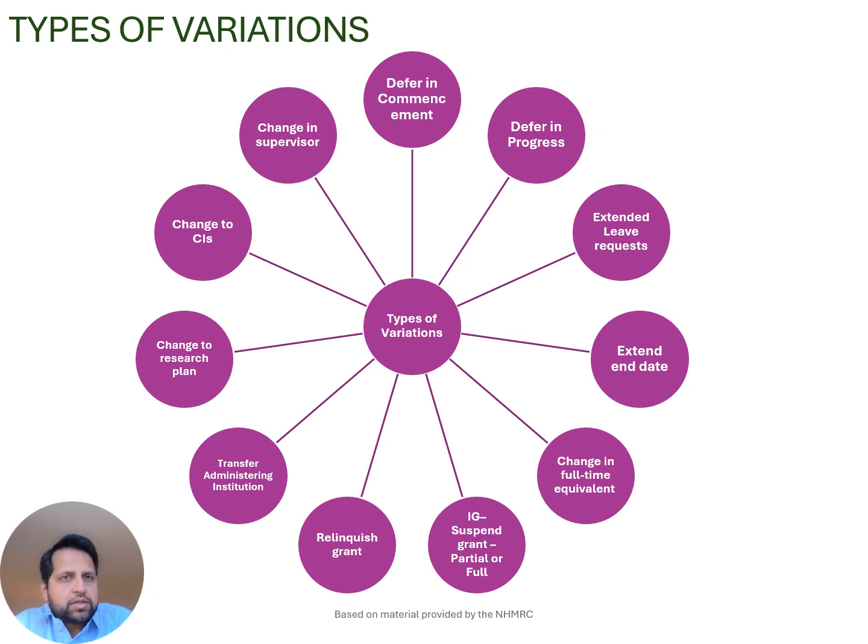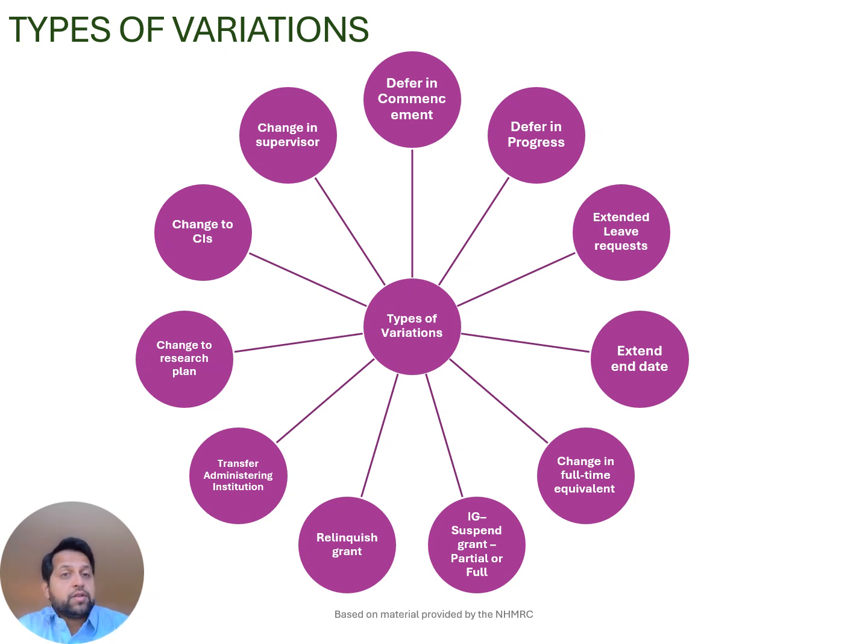Change to the CIs. This is a very critical one. The CI team and the research team are approved by the assessors, and then you have been given the funding based on the capability of the CI team, the quality of the project, the value that it has to the Commonwealth money, and so on.